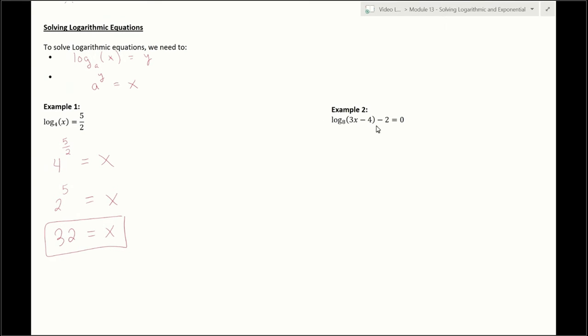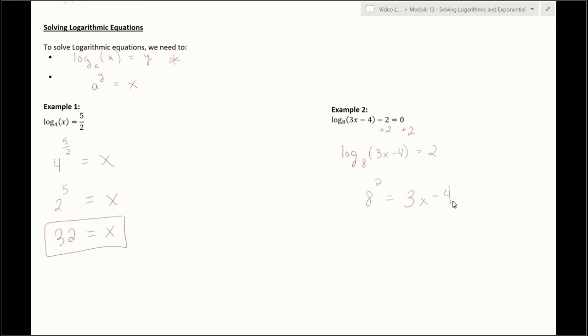So let's try a little bit more complicated one. We can see here we have log base 8 of 3x minus 4, minus 2. If we want to get it into this nice form so that we can convert, we'll need to just add 2 to both sides. And once we do that, we can convert. 8 squared is 3x minus 4.